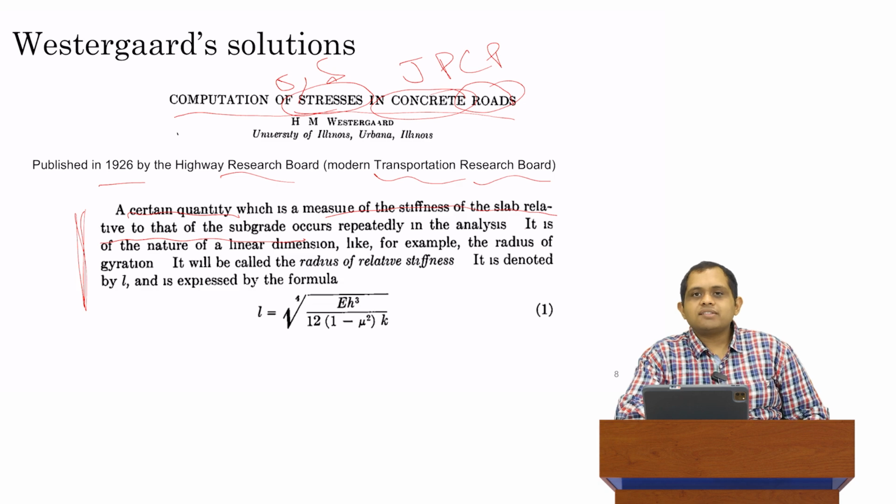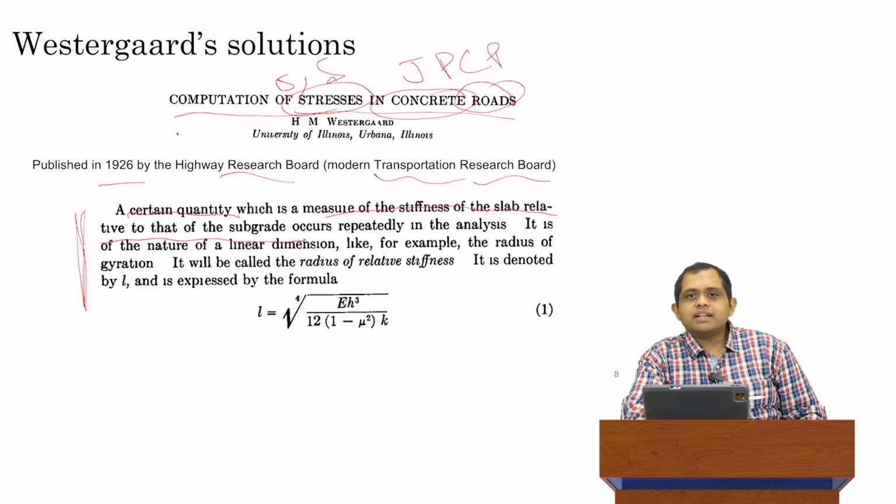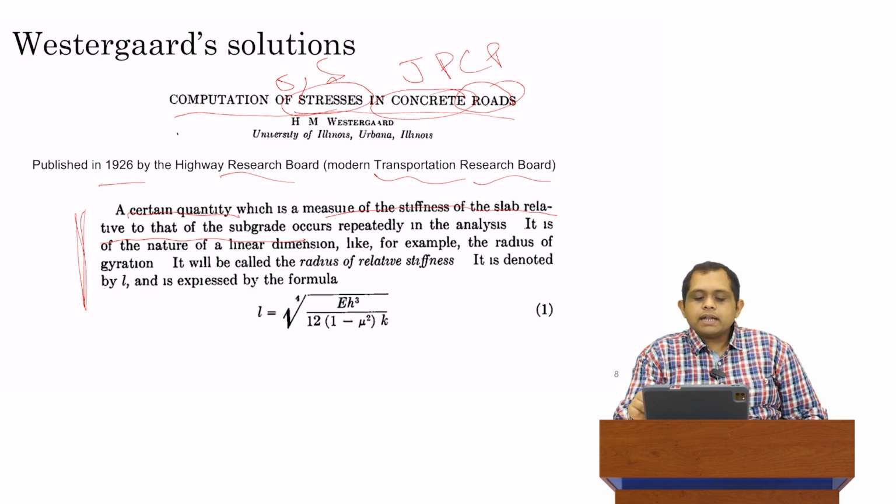So even before he sets out his analysis, he's giving you a preamble and telling you that there is a certain quantity which is some sort of a measure of the relative stiffness of the slab to that of the subgrade. It is of the nature of a linear dimension. Note this term dimension. This is not some magical term which has come out of nowhere. It simply came out of dimensional analysis, which is what we did in the beginning of today's lecture.